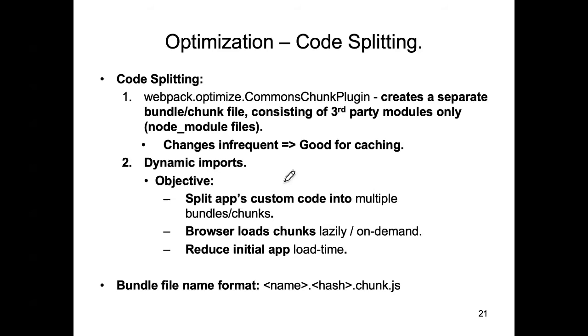All of the other parts of the bundle are not really required immediately. But by splitting that large bundle into multiple bundles and having the additional bundles downloaded from the server to the browser only as they're required, that will achieve better load time for your application, which is the overall objective.